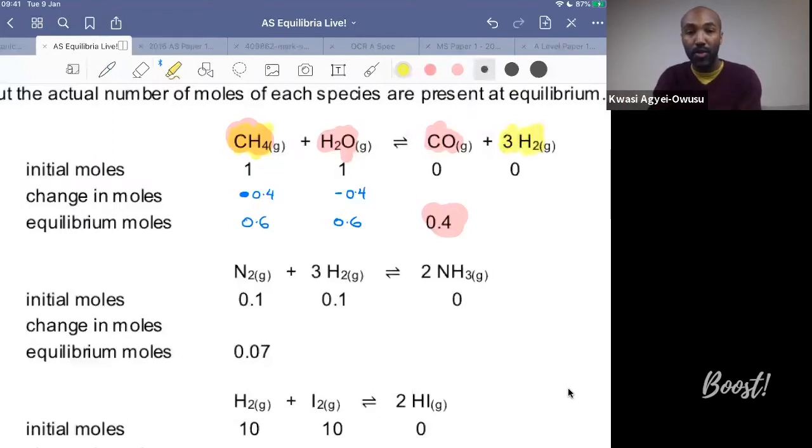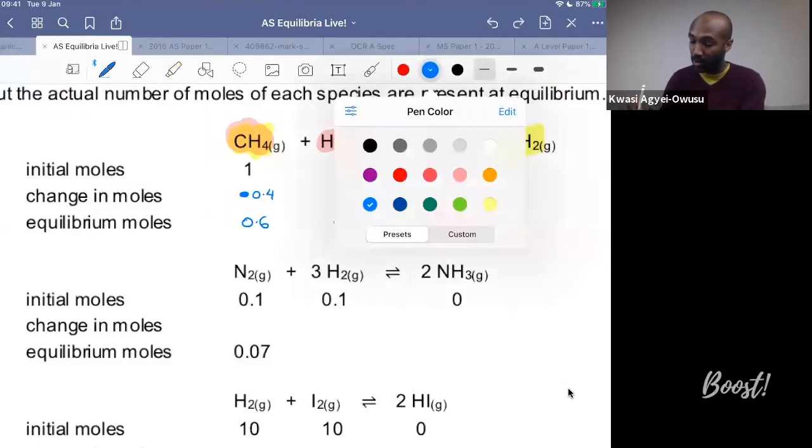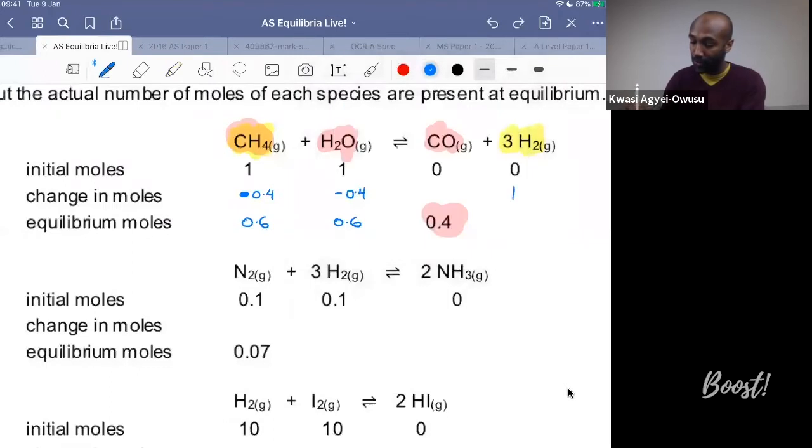So we're using up 0.4 moles of methane. We would expect to make 0.4 times 3 moles of hydrogen. So we've got plus 1.2 moles of our hydrogen.